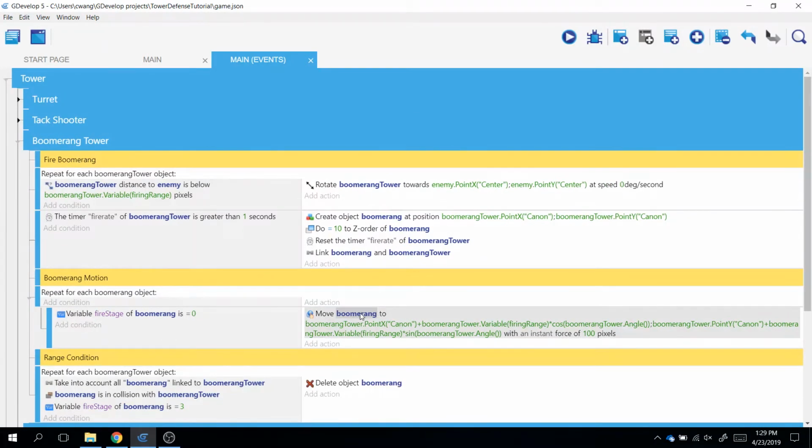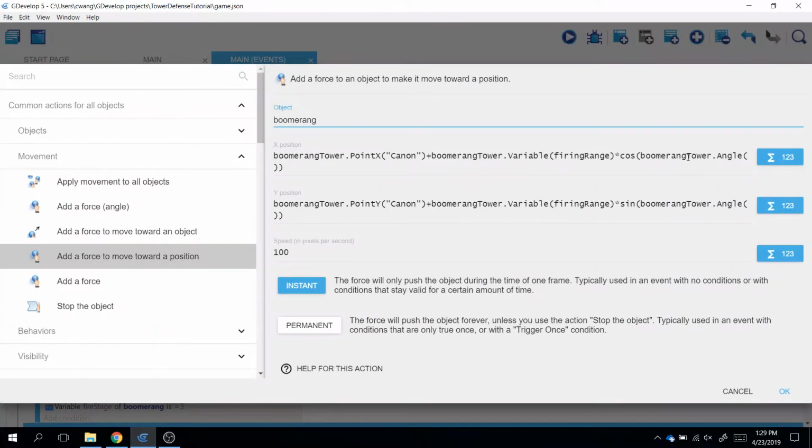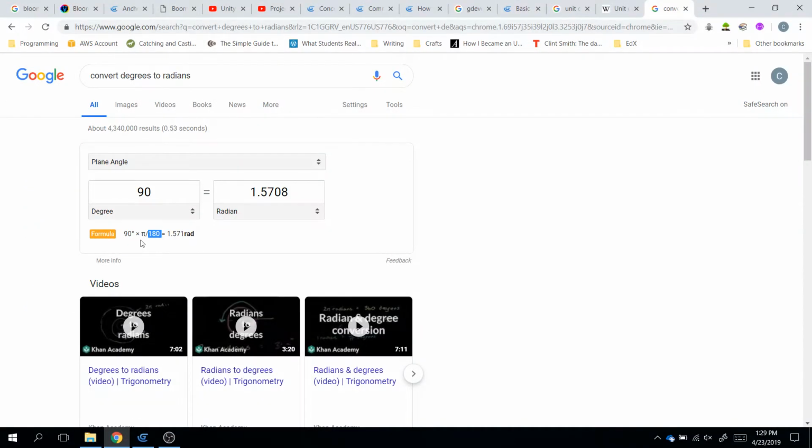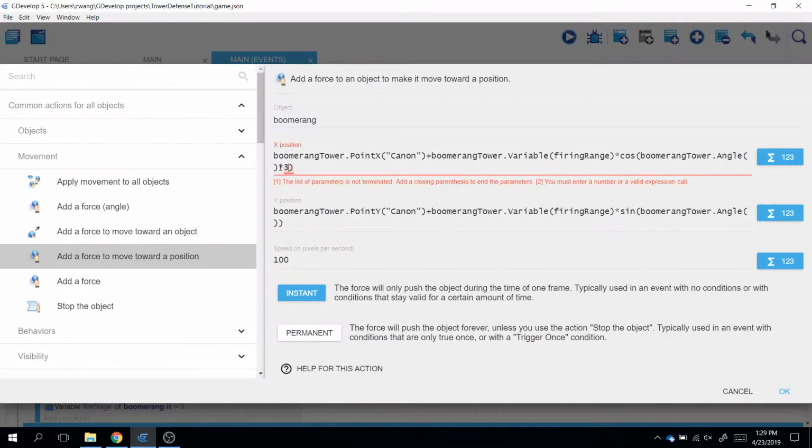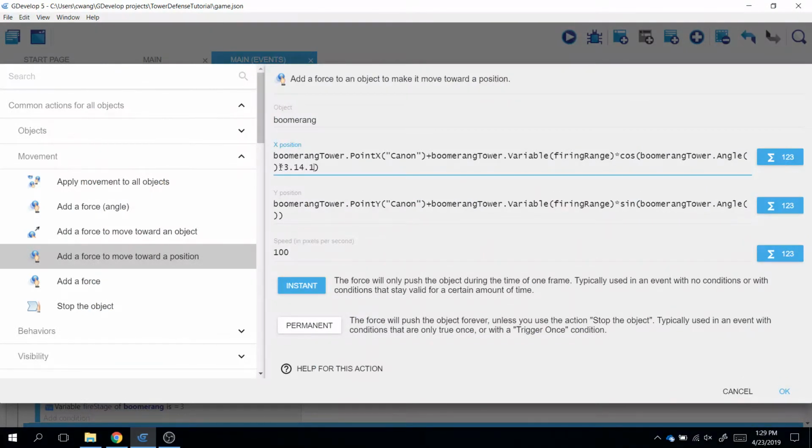So, up here, now this is very long, but this is my angle in degrees right here. I'm going to go ahead and multiply that by, what was it? Pi, 3.14159, then divide it by 180. Put the same thing there.